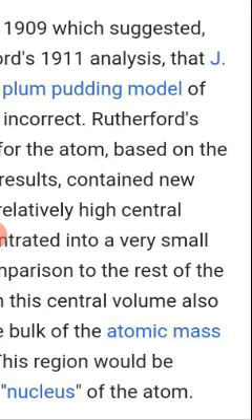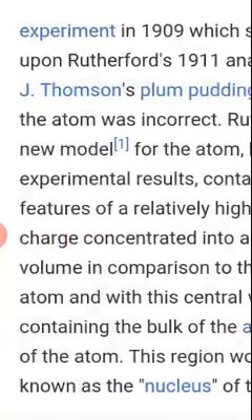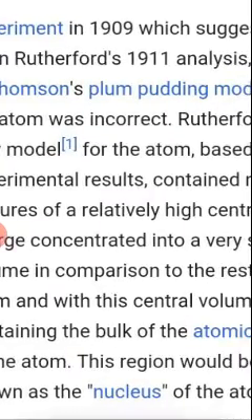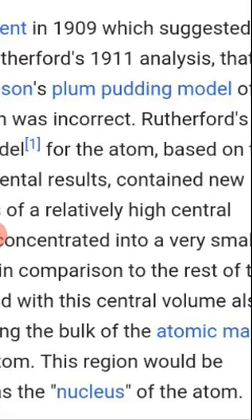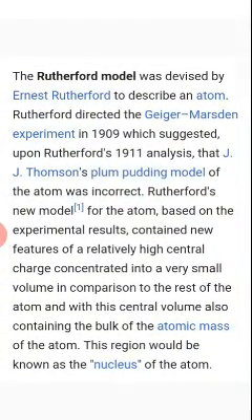The bulk of the atomic mass is present in the center and it is positively charged. That was named the nucleus of an atom. The nucleus is in the center and electrons revolve around the nucleus.